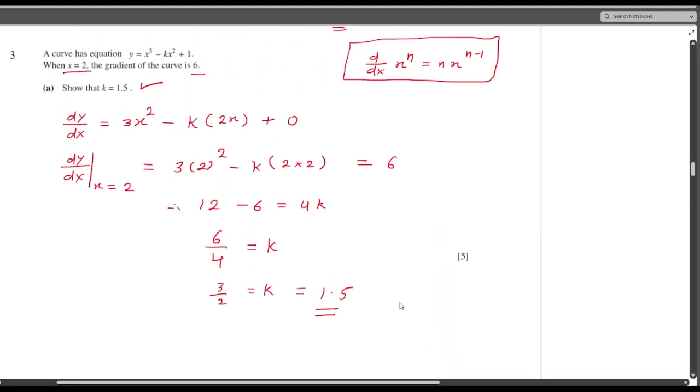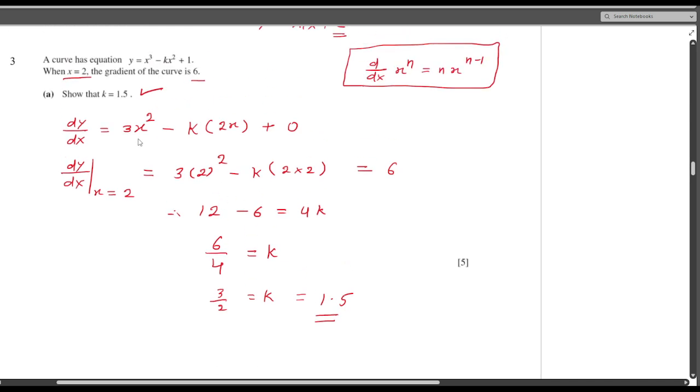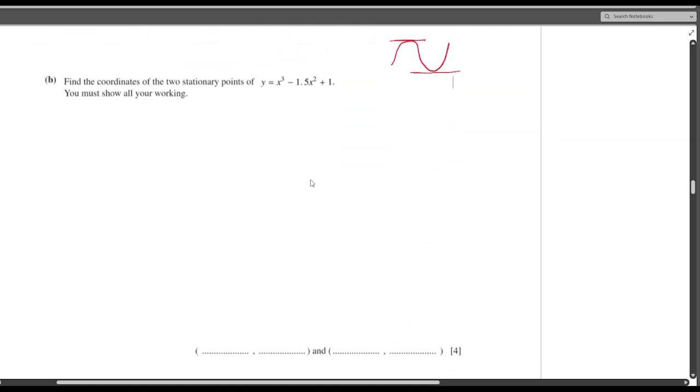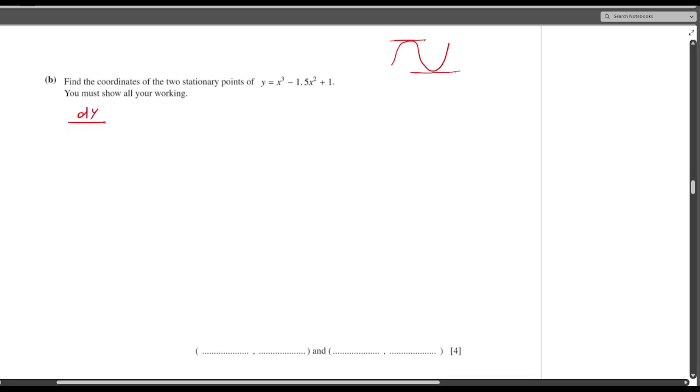Already we have differentiated here. The value of k we got 1.5, so already we have differentiated it. It is 3x square minus, now the value of k is 1.5, but no worry, I will differentiate once again. So dy by dx is equal to 3x square minus 1.5 into 2x, and the derivative of 1 is 0.